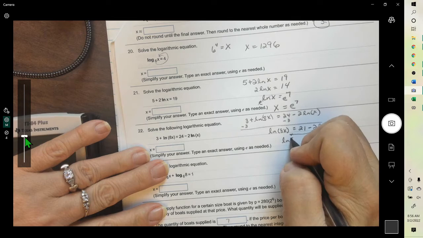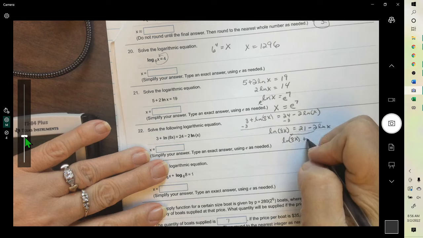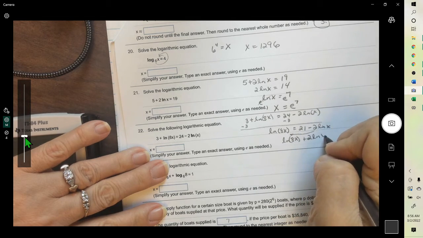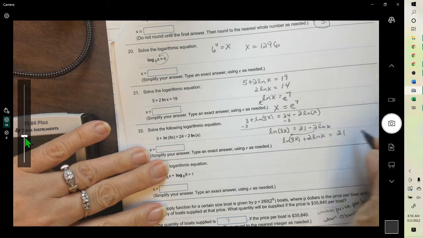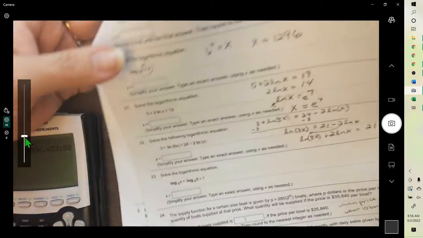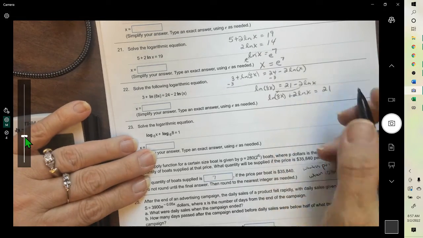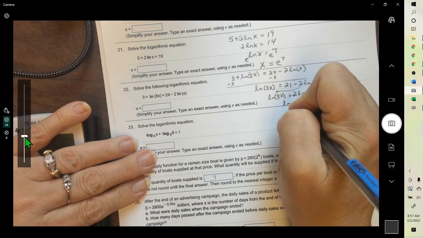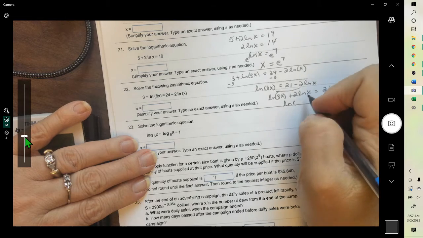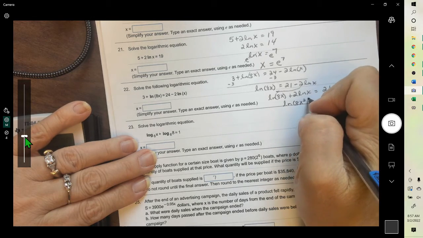The natural log of 8x plus the 2 natural log of x equals 21. Because that way then we can use our rules to combine these. Because it's an addition, it becomes a multiplication. The natural log of 8x times x is 8x squared.